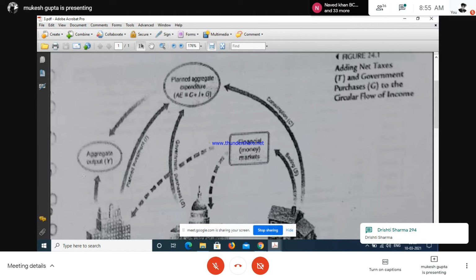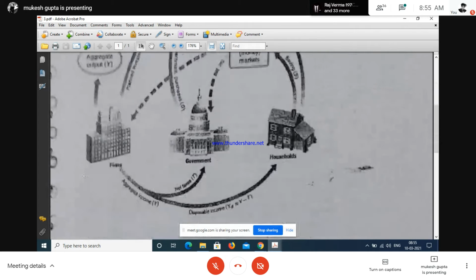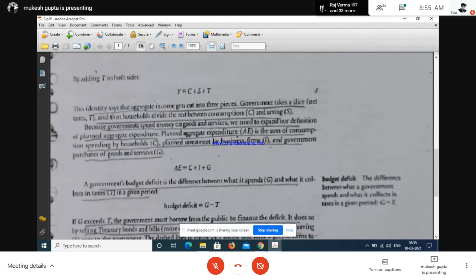So in one way, we have derived that total income is the sum of consumption, saving, and net tax. Similarly, from the expenditure point of view, it is consumption expenditure, investment expenditure, and government expenditure.